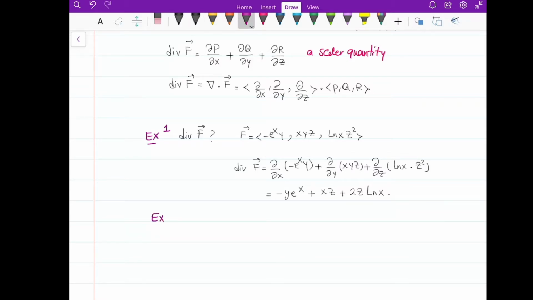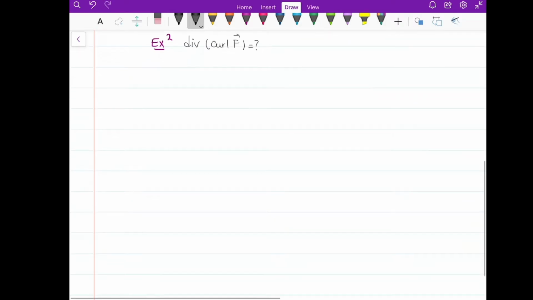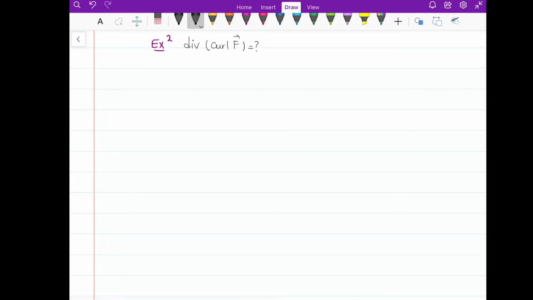So an example 2, I can say that the divergence of curl of F is what? Let's calculate curl of F, and then we're gonna get divergence of that.